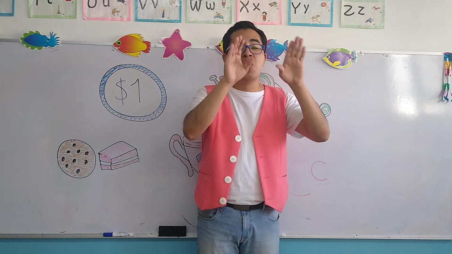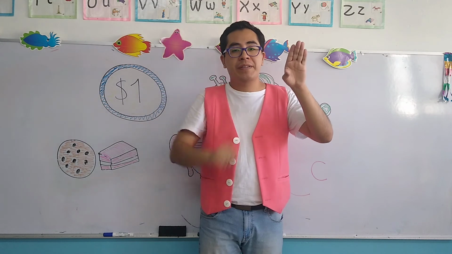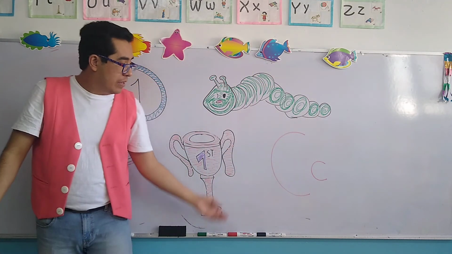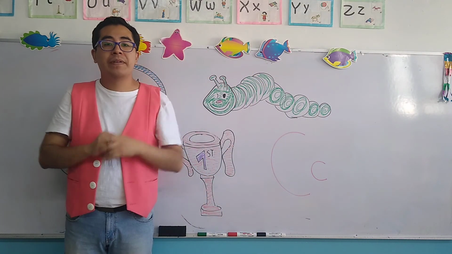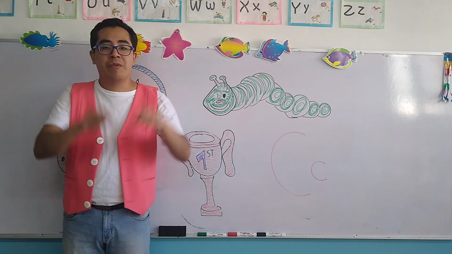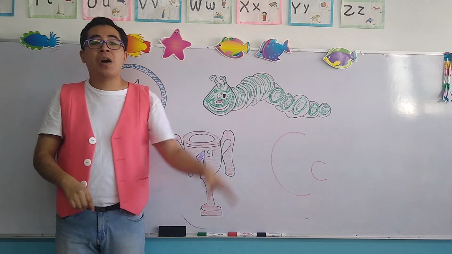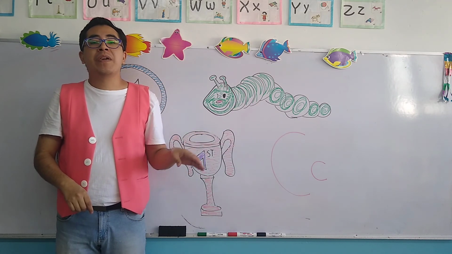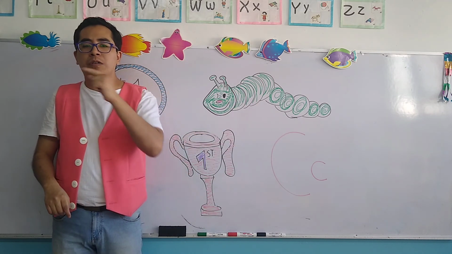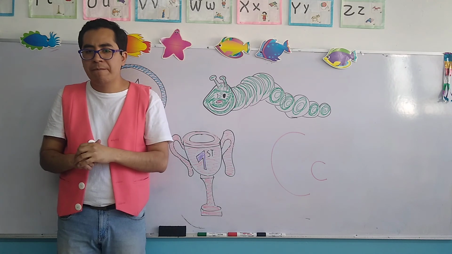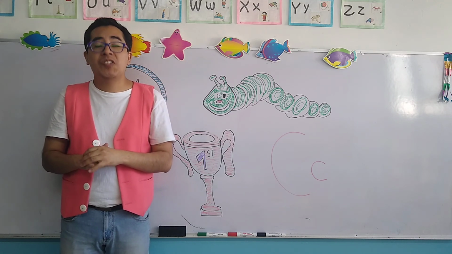Okay, now the word cookie in Spanish, galleta. And finally, cup. The word cup in Spanish, copa. And all of these objects, remember, they begin with the letter, todos estos objetos con qué letra empiezan, small c.